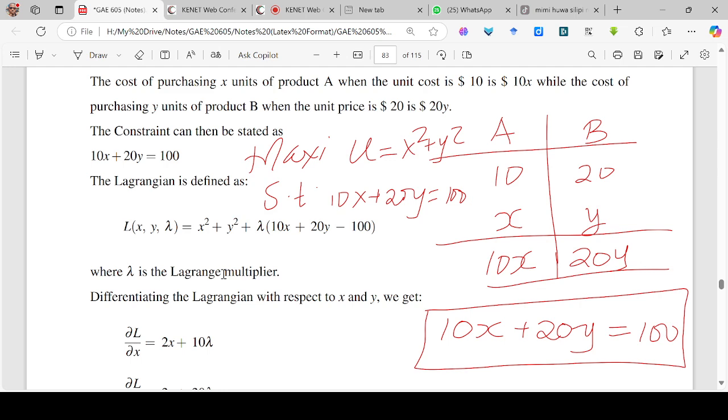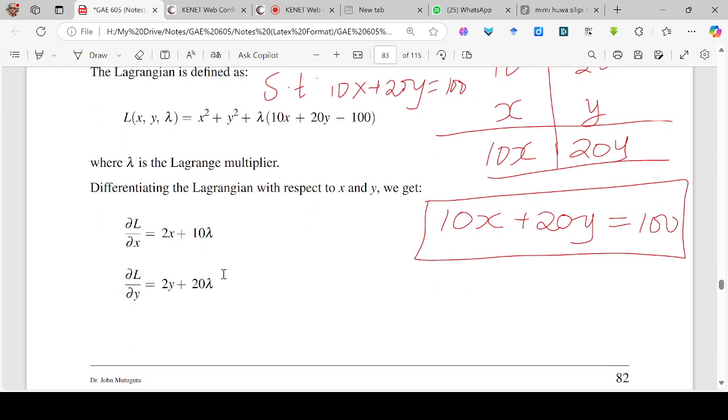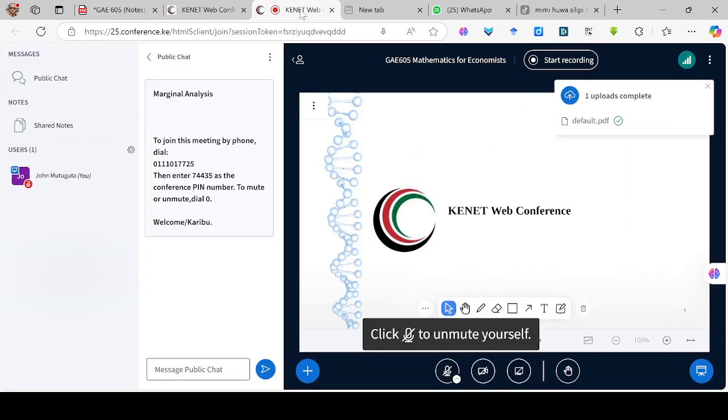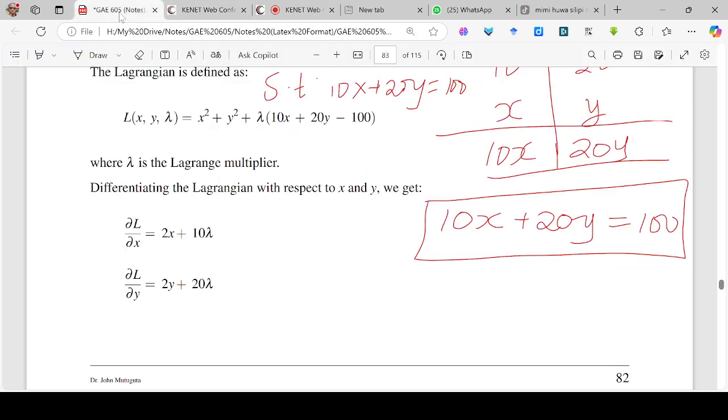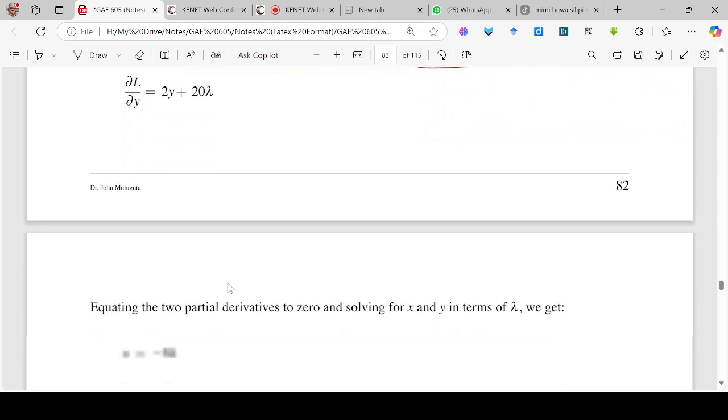So we now differentiate this. Differentiating partially with respect to x, we get 2x plus 10 lambda. And when we differentiate partially with respect to y, we get 2y plus 20 lambda. So next, we equate the partial derivatives to 0.